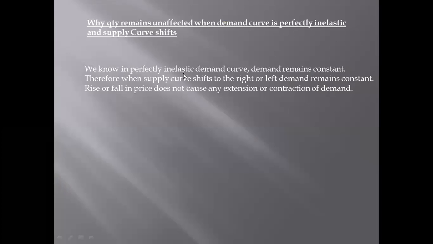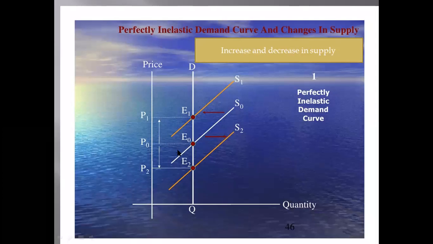We know in a perfectly inelastic demand curve, demand remains constant. Therefore, when the supply curve shifts to the right or to the left, demand remains constant. Rise or fall in price does not cause any extension or contraction of demand. Here the change is only with the supply and the price, and the demand is the same.